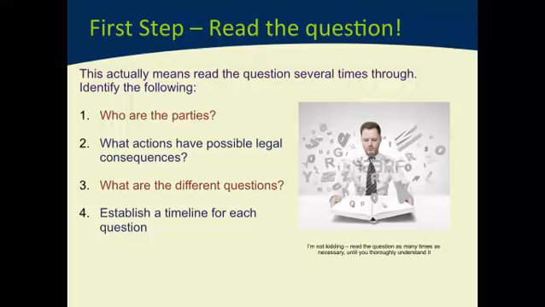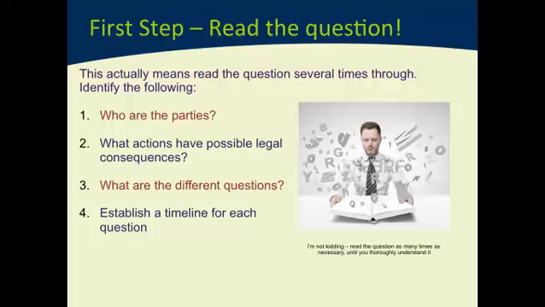The next reading through, so this will be the fourth reading through, ask yourself, what are the different questions? Because what you'll see by this time, you're starting to get really thoroughly familiar with the material. You'll see that there's a couple of different issues going on. And so you can separate those issues out, because quite often the examiner won't have separated those issues out.